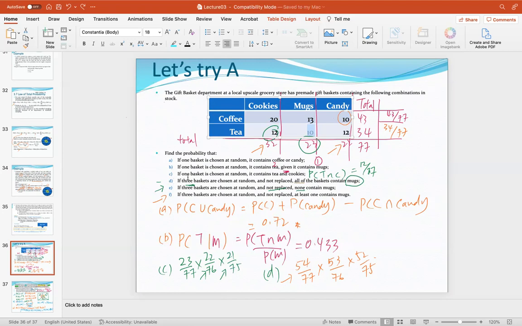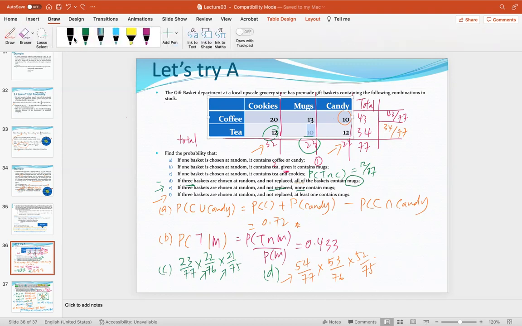Number C, if the basket is chosen randomly, it contains tea and cookies. Oh, that's so simple. Tea and cookies, 12 over 77. D, if 3 baskets are chosen at random and not replaced, so after you take it out, you won't put it back, all the baskets contain mug. So among 23 out of 77, you take out 23 over 77, right?